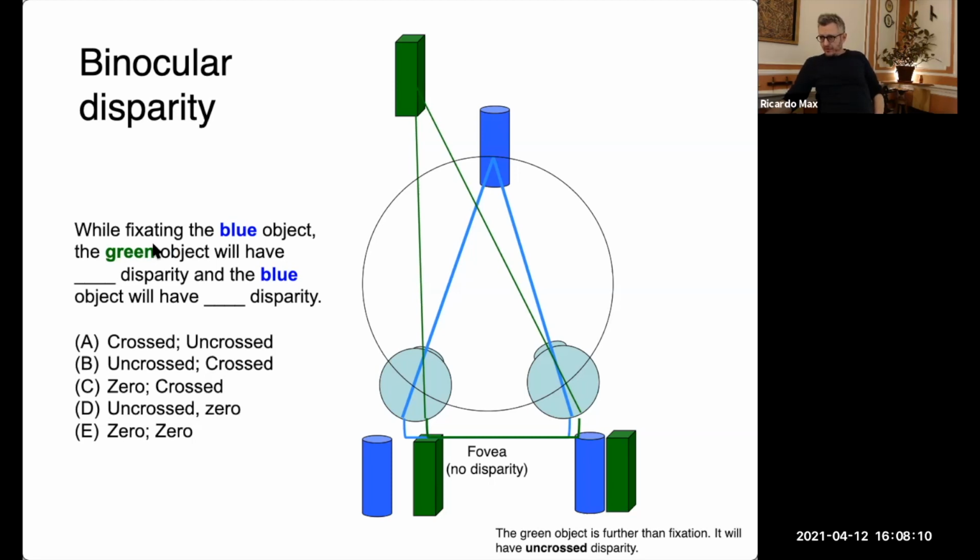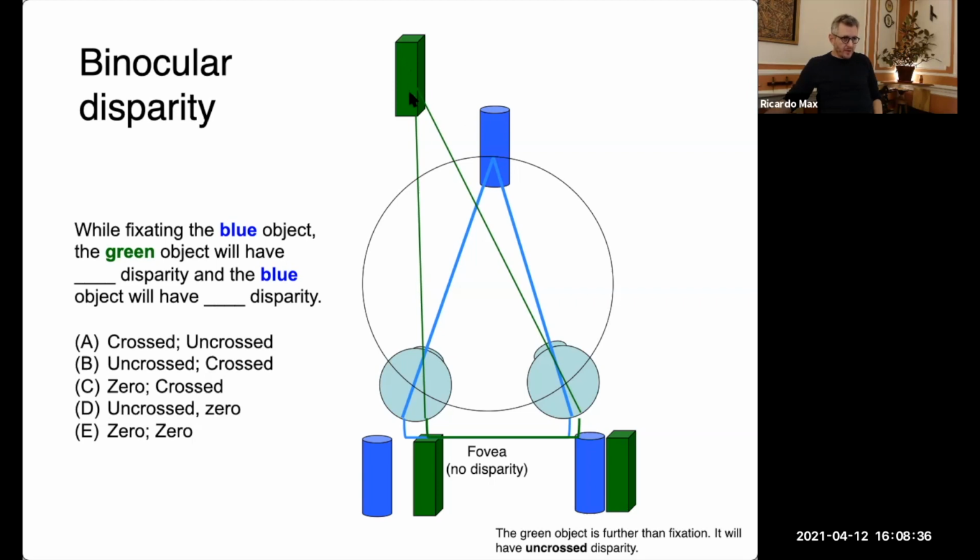So most of you answered B and D. While you are fixating on the blue object, which is on the Horopter, obviously, the definition of Horopter is where you're fixating. The green object, this is green, I'm colorblind. So you're fixating this, so this must be the green one.